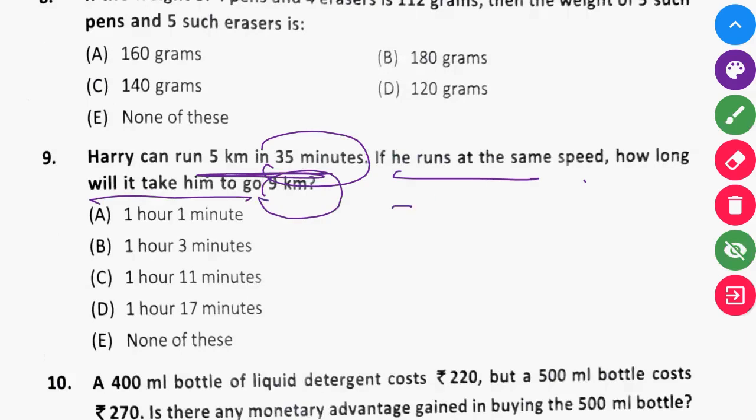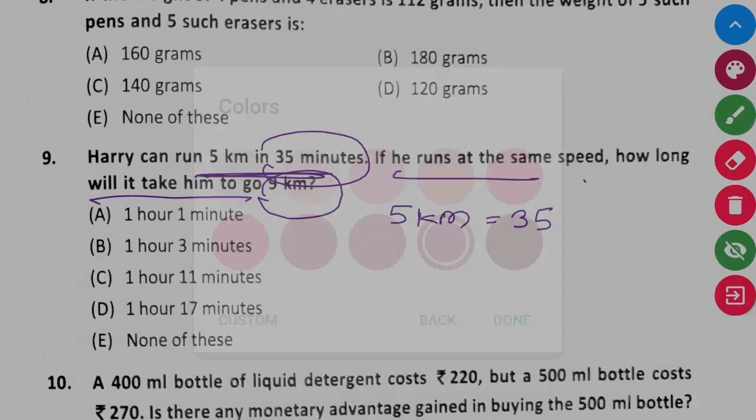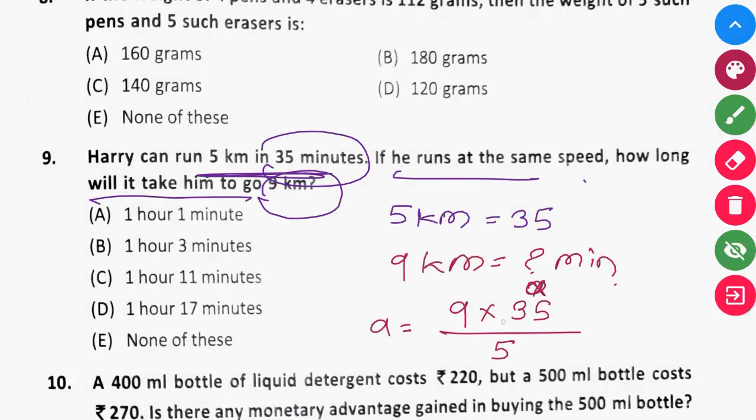So 5 kilometers in 35 minutes. We'll do cross multiplication here, another method of solution. And for 9 kilometers, how many minutes? Assume this minute as A. So A is equal to 9 multiplied by 35 divided by 5.